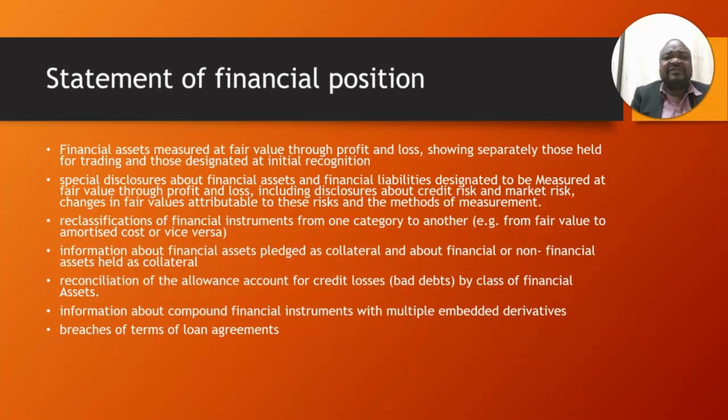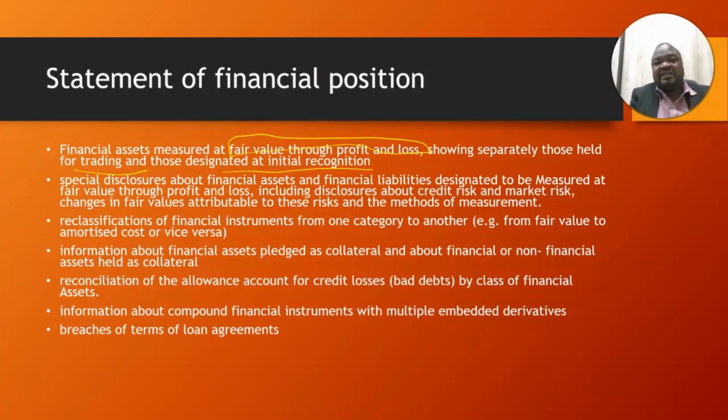Financial assets measured at fair value through profit and loss, showing separately those held for trading and those designated at initial recognition. So this is part of the disclosure. So actually the presentation. We are simply saying that in the SFP, financial assets measured at fair value through P&L have to be presented, showing separately those held for trading and those designated at initial recognition.